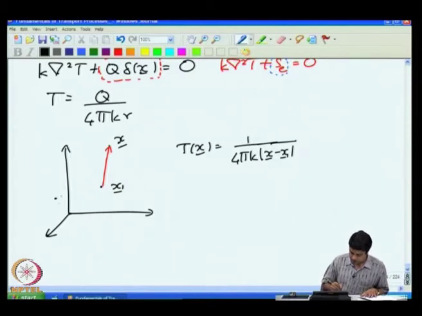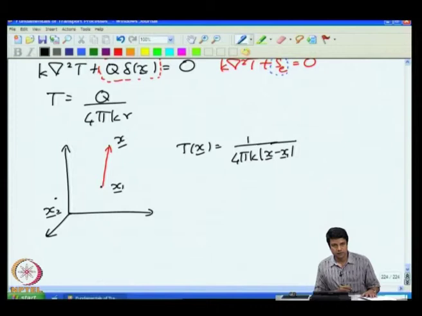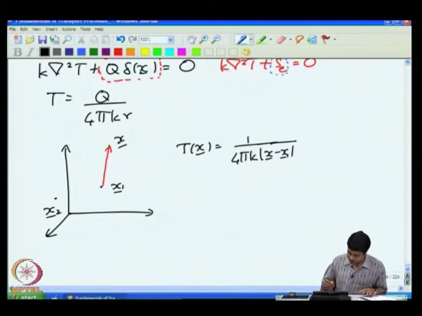I could have multiple sources. I could have another source at x 2 simultaneously. I have 2 sources, one of strength q1 at x1, another of strength q2 at x2.